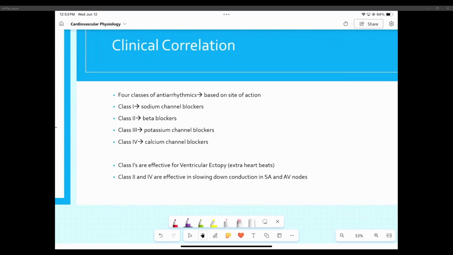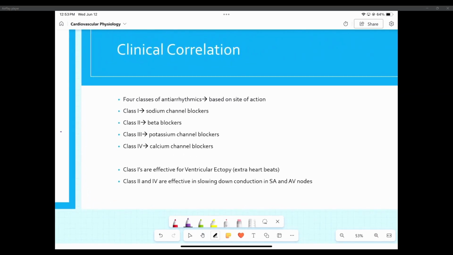This correlation right here, again, reinforcing ideas that we learned about. We give drugs, and they're called antiarrhythmic drugs. We don't want them to have bad heart rhythms, and they can alter those phases of the action potential. Class 1 drugs are sodium channel blockers. If you're affecting the sodium channels, what phase is going to be affected? The depolarization. You can have problems with that.